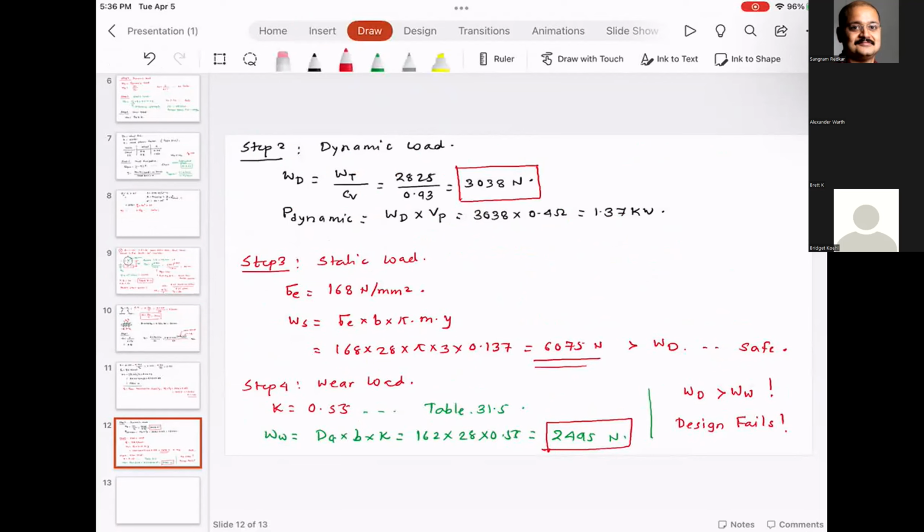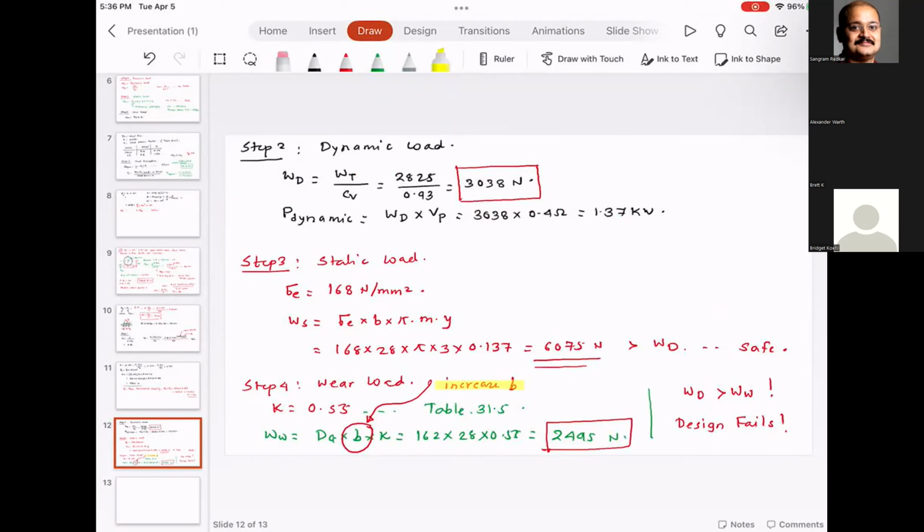So basically, increase B. What would happen if you increase the value of B?